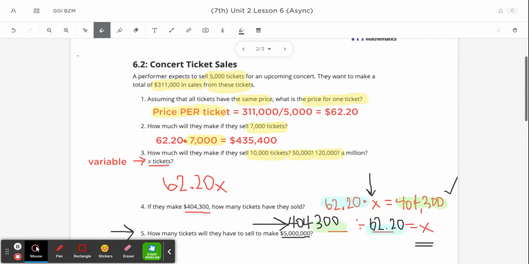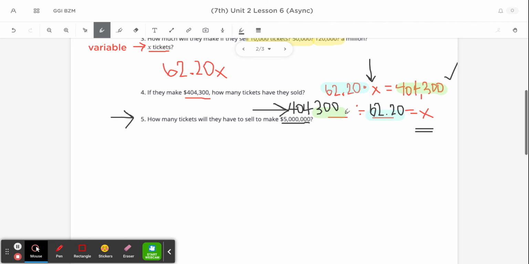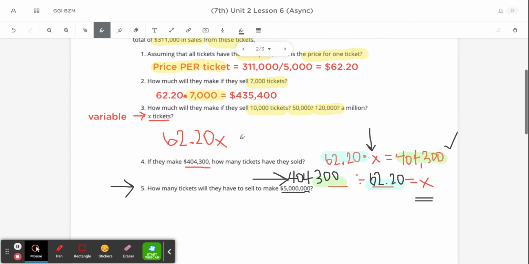Okay, so you should have finished slide 2. Today's learning target was to be able to write equations using variables to represent a proportional relationship. So notice that all we did was we followed the situation to determine what we are always multiplying the number of tickets by. So for example, in question 2, we had 7,000 tickets and we were multiplying it by the price per ticket, $62.20.